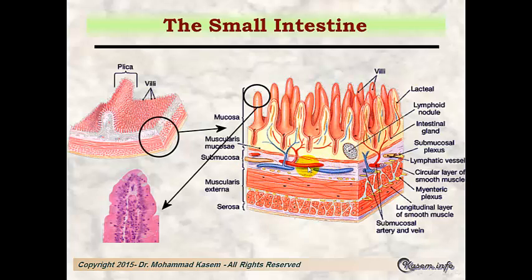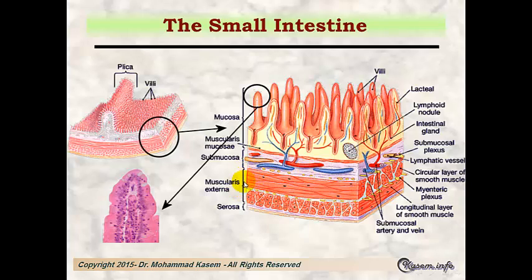This connective tissue, if we see it in the duodenum, we will find what is called the Brunner's gland in the submucosa of the duodenum.